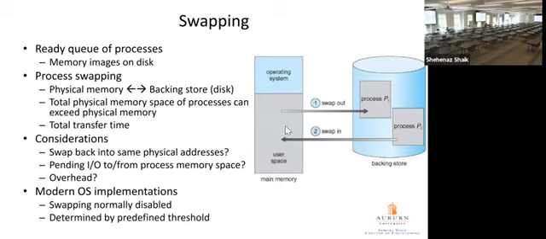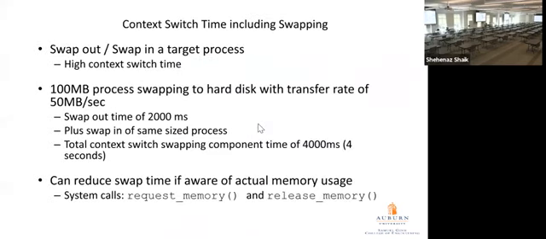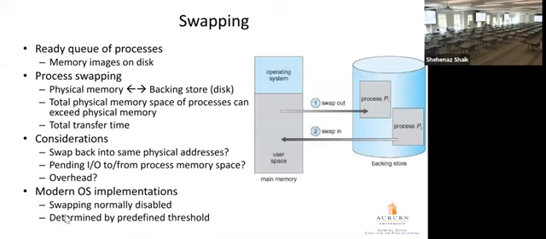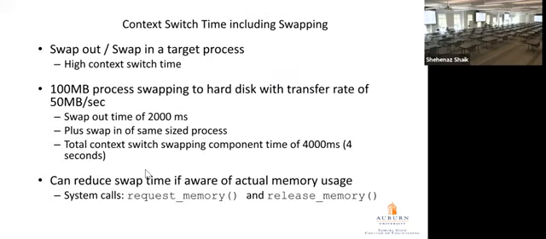So this is more of an introduction to this concept. And as I said here, swapping in and swapping out leads to a lot of overhead, as in, it has an impact on the overall context switch time of processes.